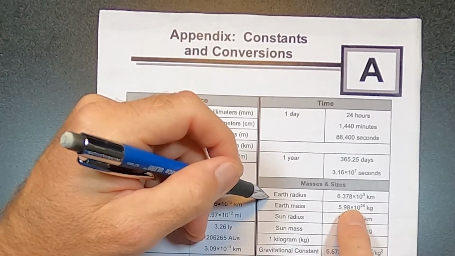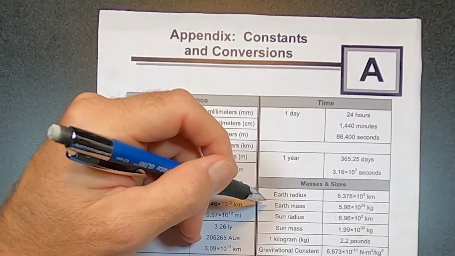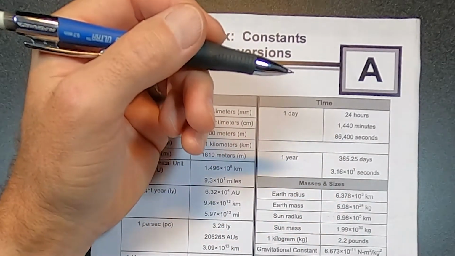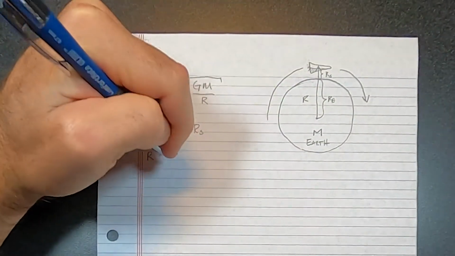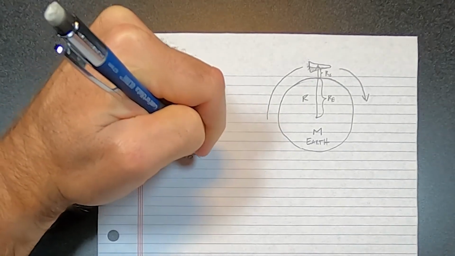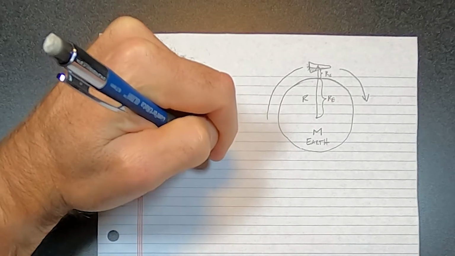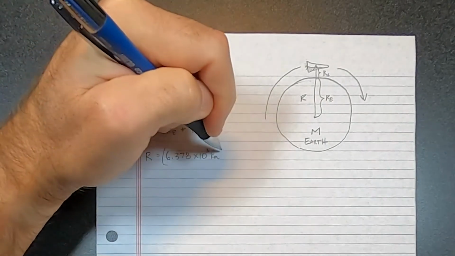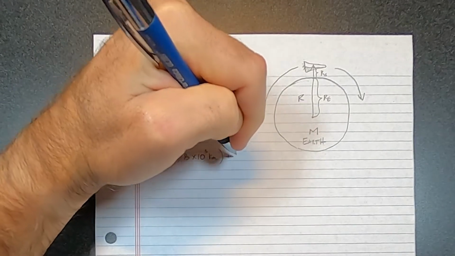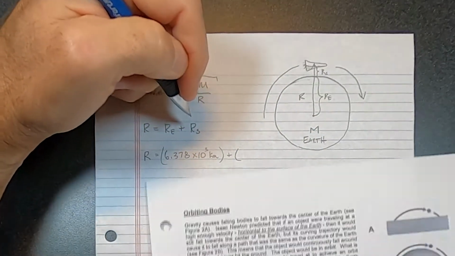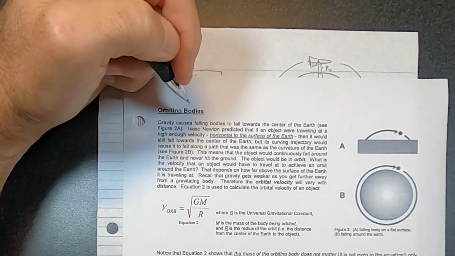There it is there, radius of the Earth. So 6,378, or 6.378 times 10 to the third kilometers. That's what that is. I'm going to put a parentheses around it, plus, and remember, this is 300 kilometers.